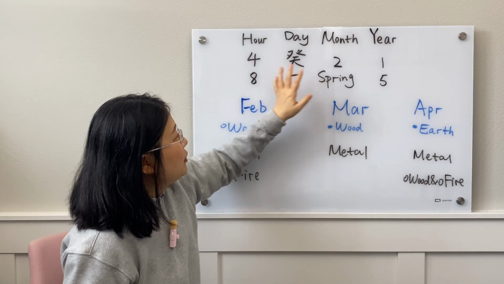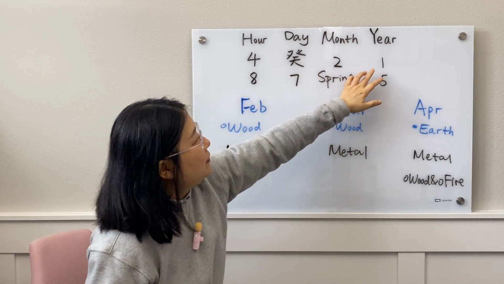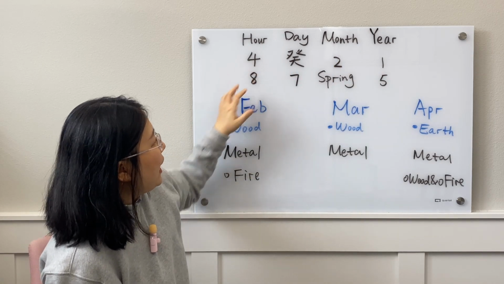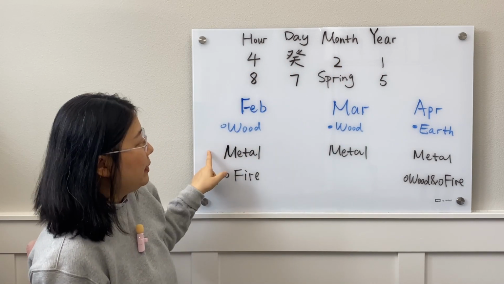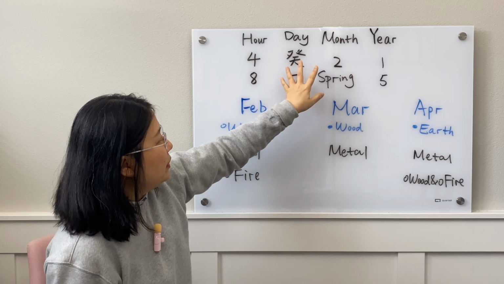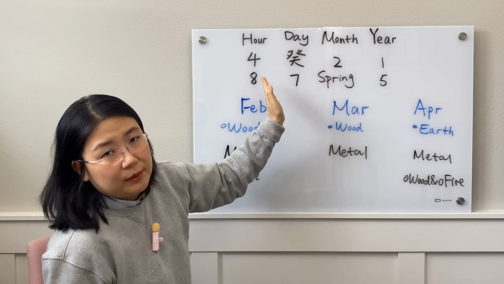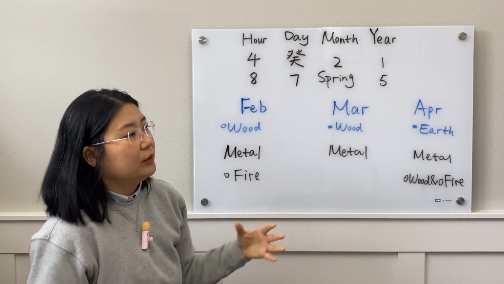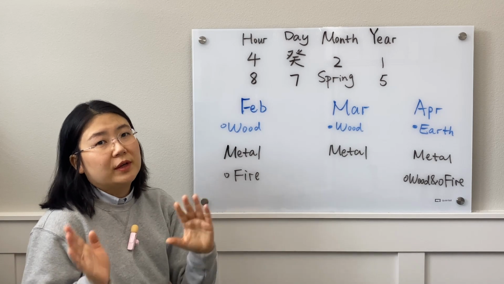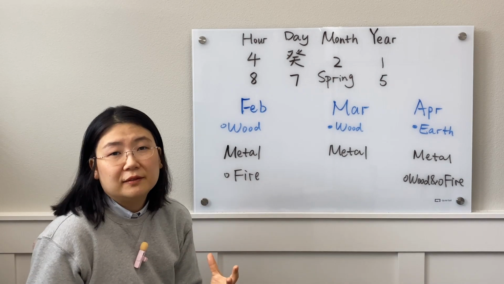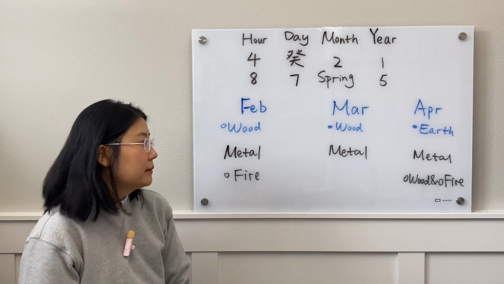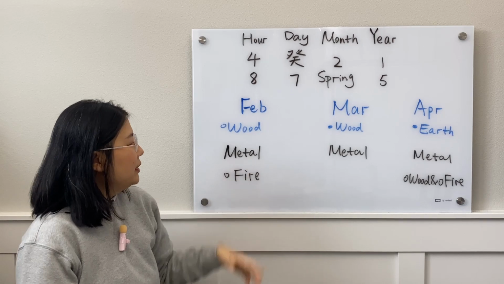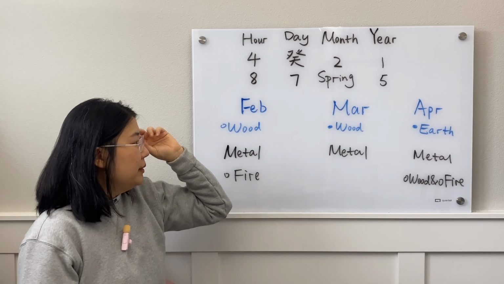Then I'm successfully separating this fire and metal energy. I meet this requirement of having them in my chart, but I also separate them so they don't fight with each other and they can each do their own job, focusing on the positive side of their contribution. So that's the importance of positional placement.